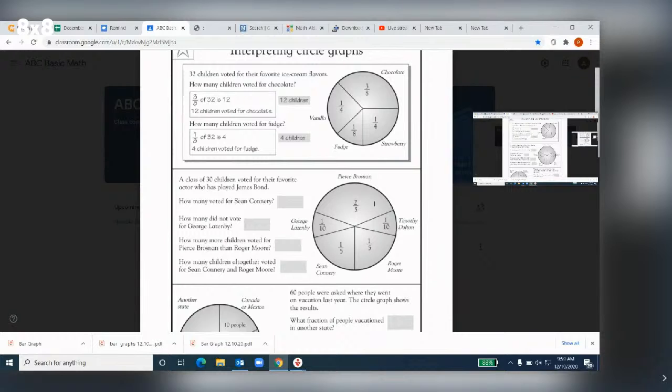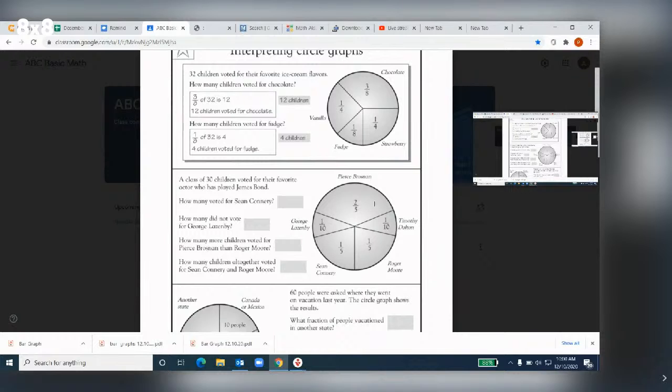So 12 of the children voted for Pierce Brosnan. For George Lazenby, you do 1/10 times 30 over 1, cross multiply, and you'd get 3 people voted for George Lazenby. For Sean Connery, it's 1/5, so same thing: 1/5 times 30 over 1, you cross multiply, and you end up getting 6.